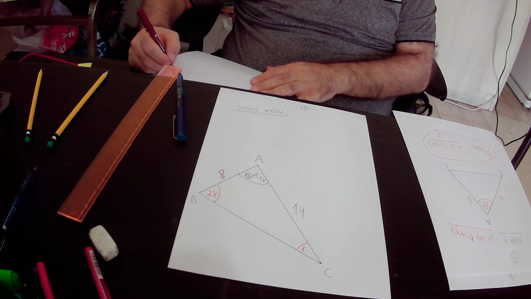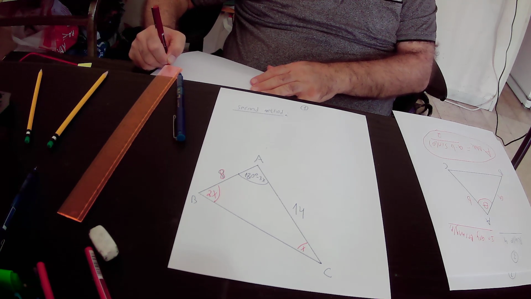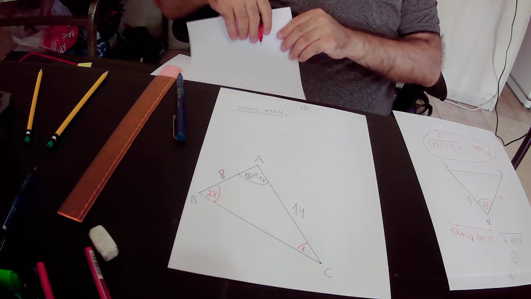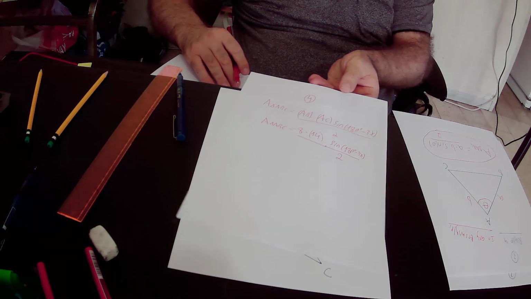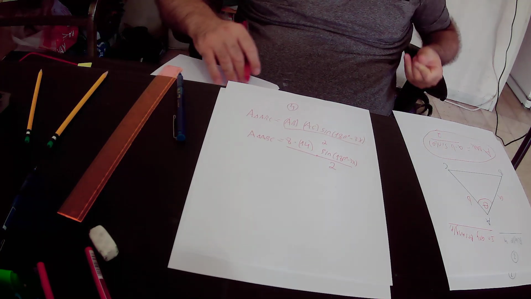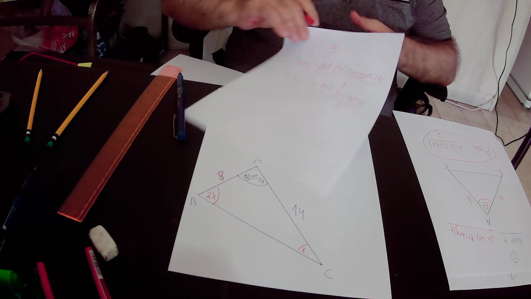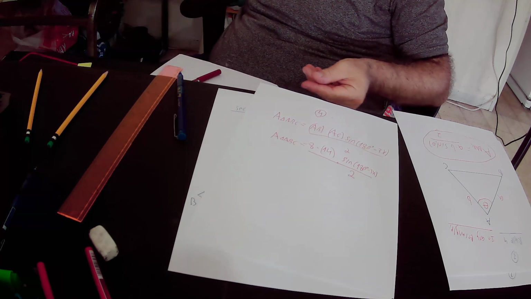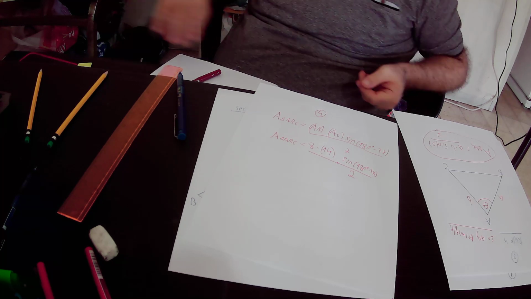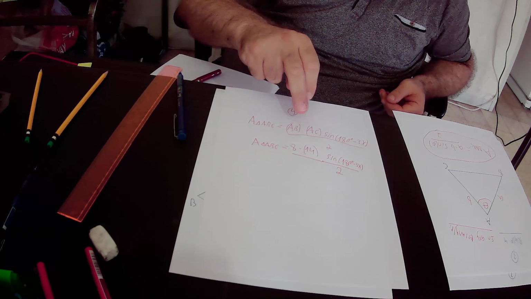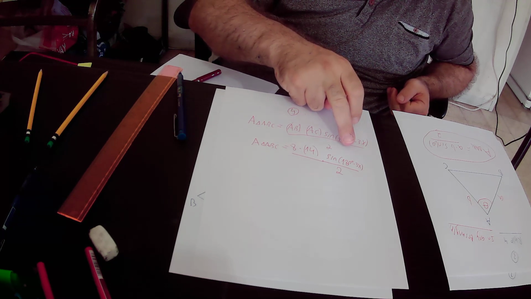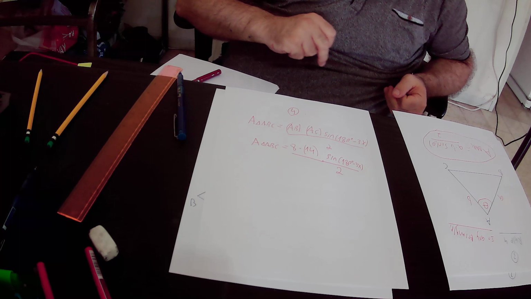Sine of (180 degrees minus 3x) over 2. So in total we got that the area of triangle ABC equals 8 times 14 times sine of (180 degrees minus 3x) over 2.